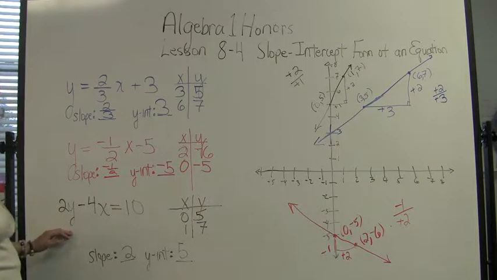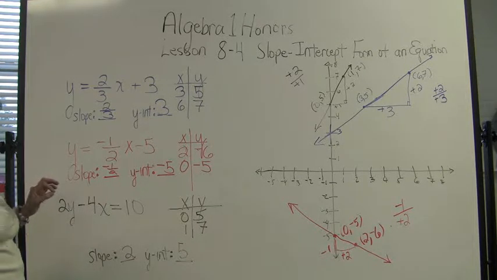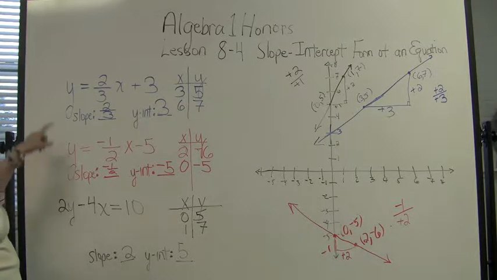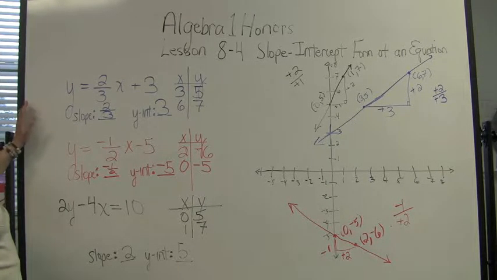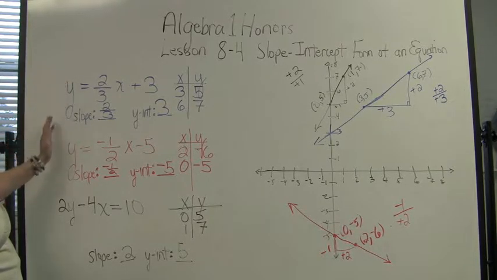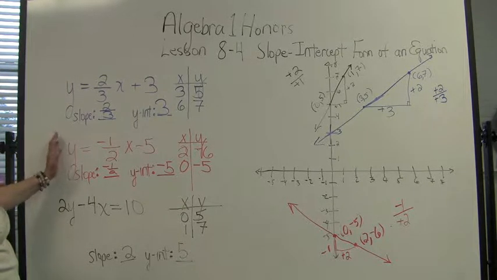And then I hit the black line and uh-oh, it didn't work. So, what's different? Your eyes should be telling you something very critical here. That this equation's not in the same format or the same form as these two up here. These both have one y over here all by itself. No x's over here, no numbers over here, just one y. We don't write the 1. Okay, and one y here.